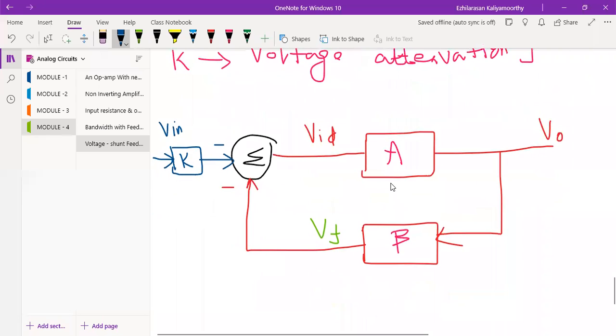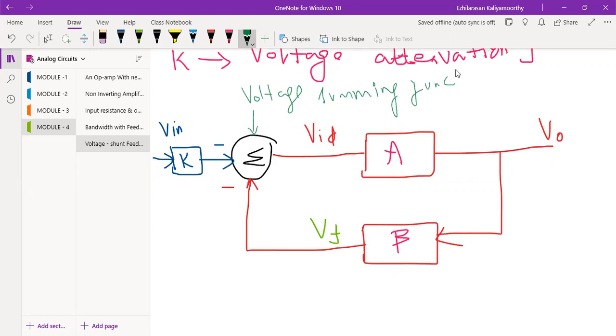Now this will be the final structure. This is the inverting amplifier with feedback using a voltage summing junction. This is the voltage summing junction, a model for current summing.